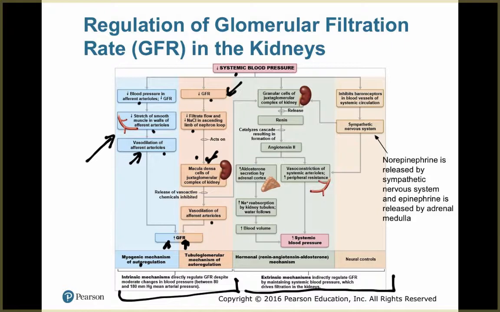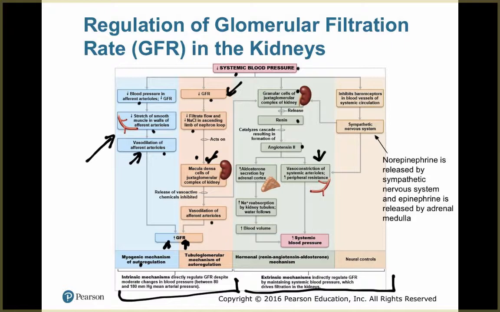The extrinsic controls are going to be more nervous system or hormonal. So basically what happens here is lower blood pressure turns on the granular cells of the kidneys. That releases renin. It goes through the angiotensin II pathway, and it does a couple things.